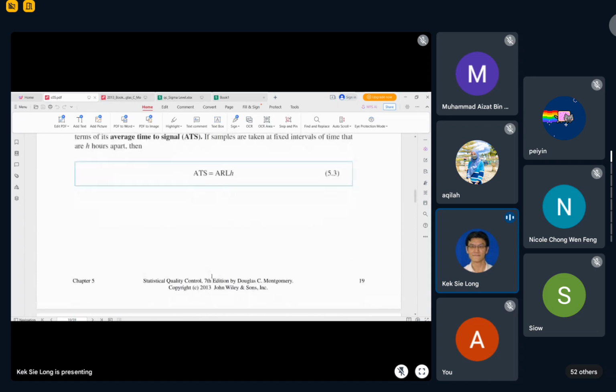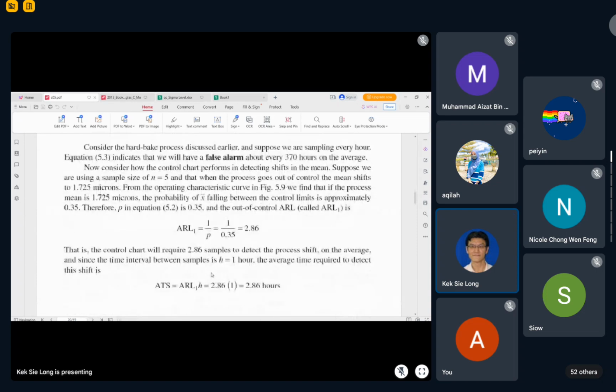But for ARL1, the probability of X bar falling between the control limit. You should see something different, right? Although the formula is 1 over P, the meaning of P is a little bit different.